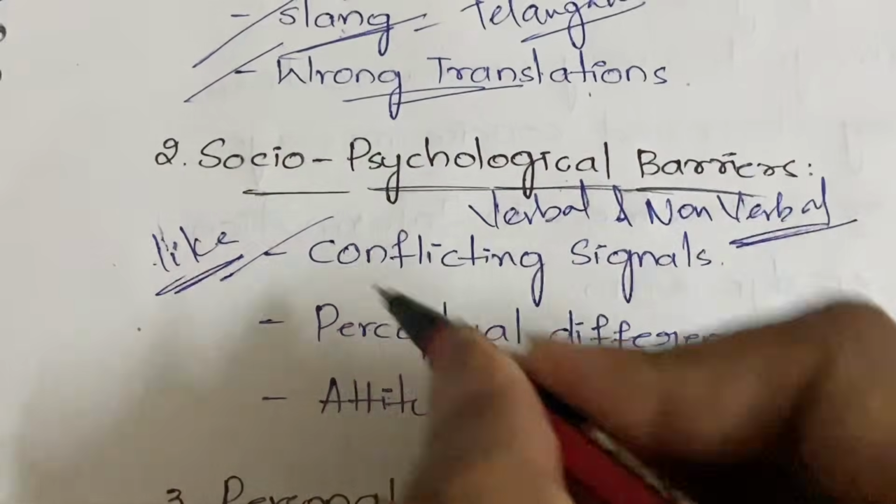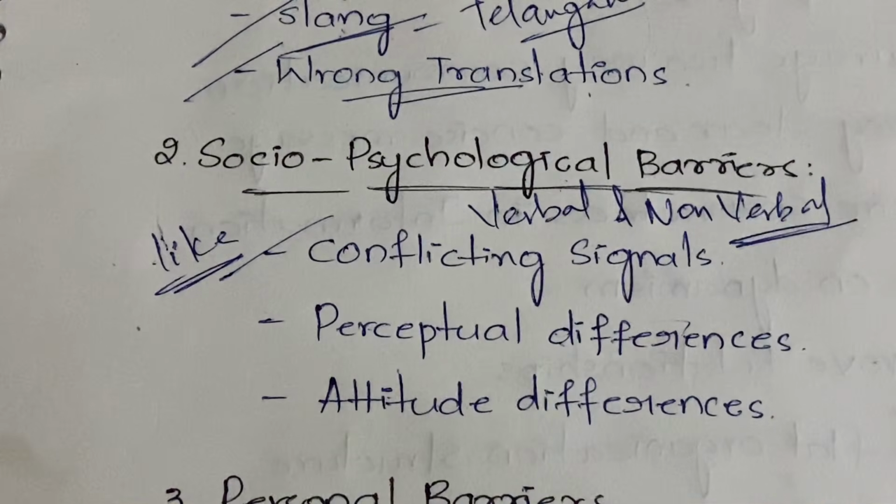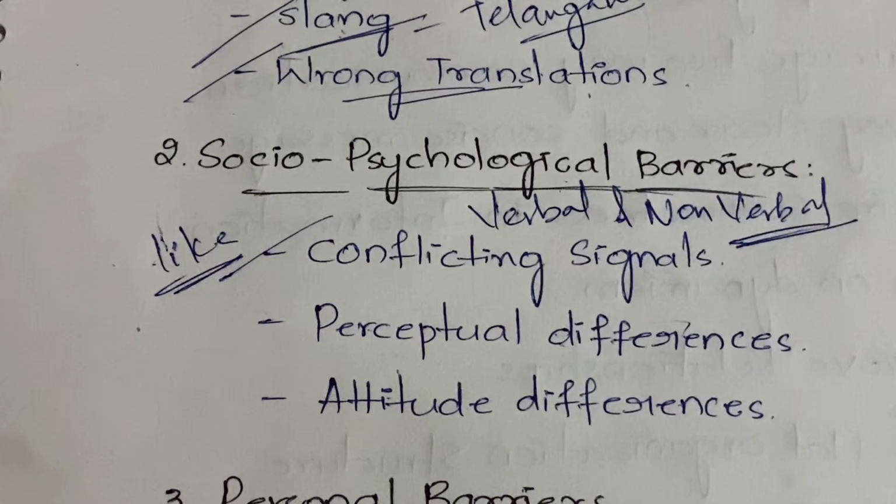Next, perceptual differences. The other person may be telling you something in an anger mode, but what you understood could be in a comedy mode. So obviously perceptual difference is coming, right? He is in a different perception, you are in a different perception.